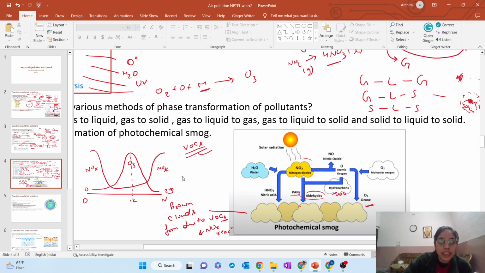You will see them towards the late evening or early morning, because the NOx concentration is highest at that time, and VOCs are already there in the atmosphere. They react and form these other compounds also, PAN and aldehyde, all these other components as well, leading to the photochemical smoke. So these two are the major precursors for the photochemical smoke.